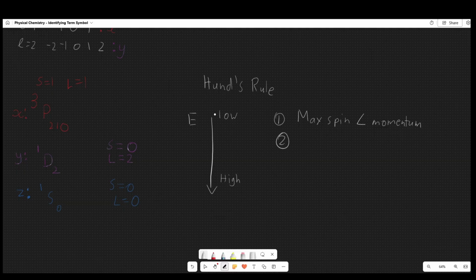The second one is we want the same thing, but now for orbital angular momentum. And then third, if the shell is less than half full, J min is lowest. And fourth, if the shell is more than half full, J max is lowest. This is a little bit complicated, but we'll see it in action.